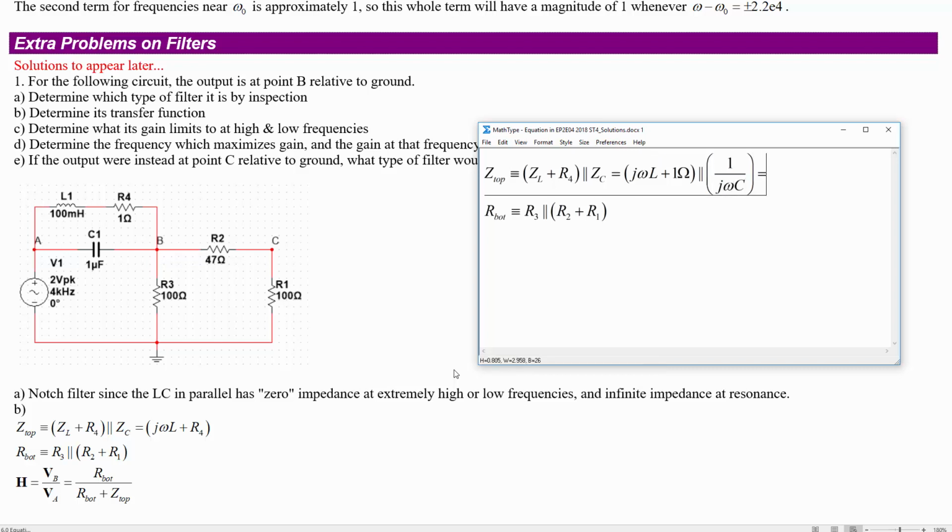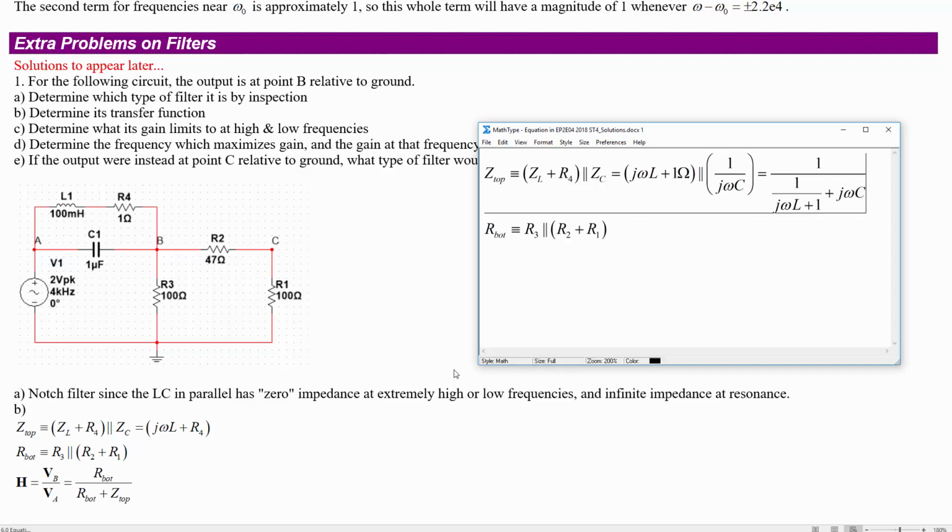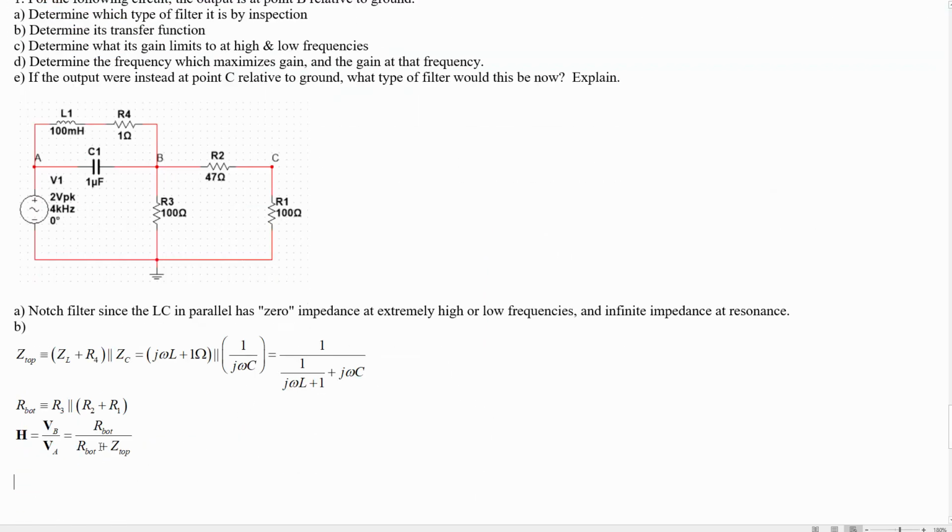Okay, so then these two things in parallel are going to be adding up to 1 over the first thing plus 1 over the second thing. So 1 over J omega L plus 1 plus J omega C. All right, so now we can go and substitute this top impedance into the total transfer function down there.